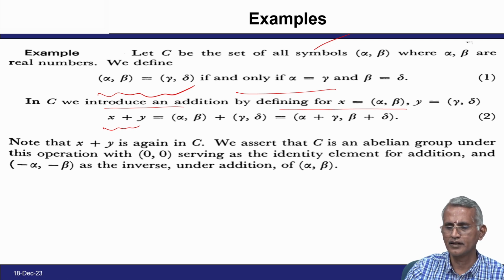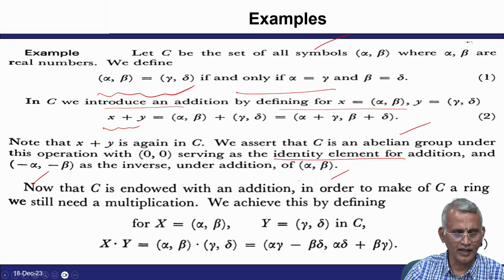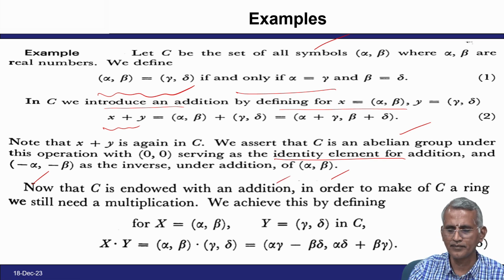We assert that C is an Abelian group under this operation, with (0, 0) serving as the identity element for addition, and (−α, −β) as the inverse under addition of (α, β). Note that C is endowed with an addition.